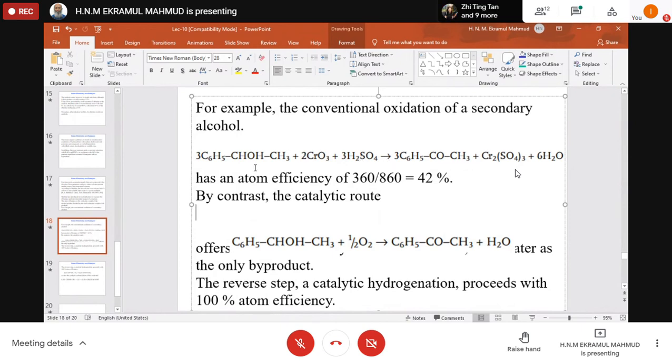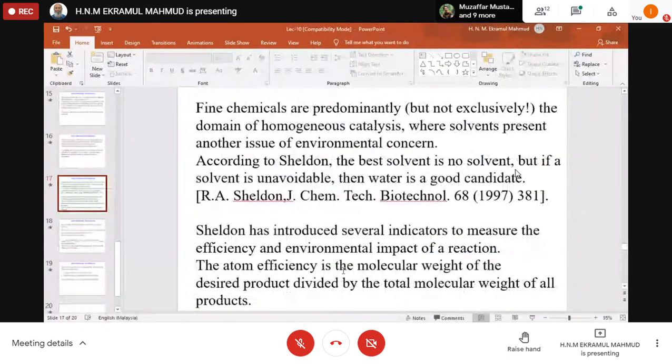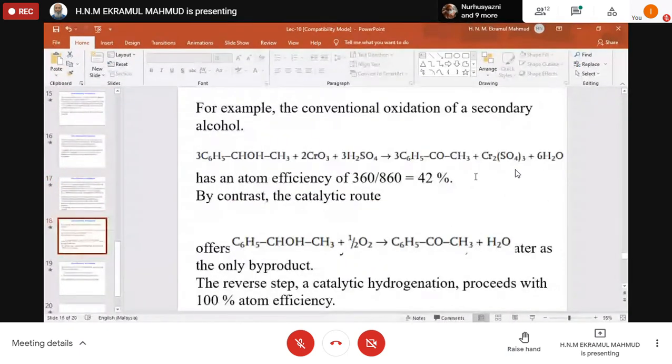So our formula is that the atom efficiency of the desired product, C6H5COCH3, 3 times of this is coming. That means 120 times 3, 360, divided by 860, that is undesirable products. That means the molecular weight of the desired product divided by the total molecular weight of all products.